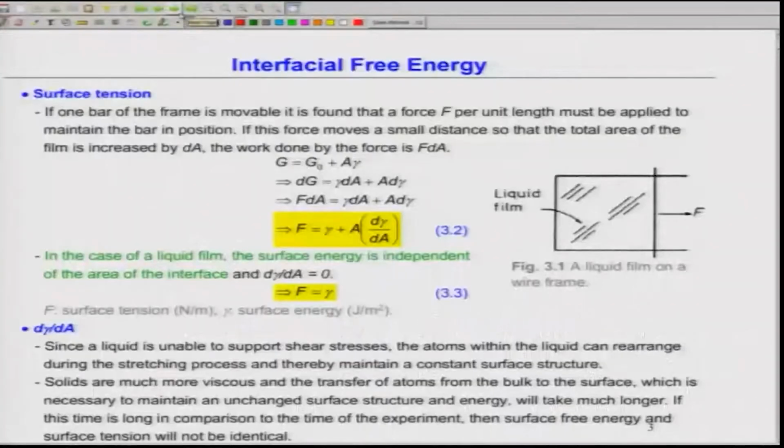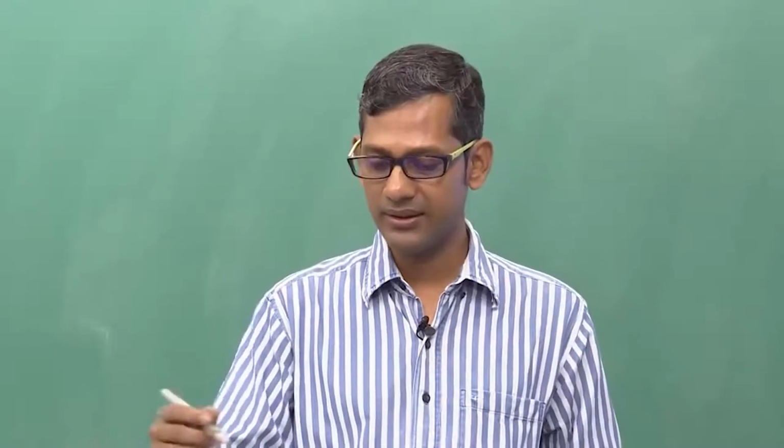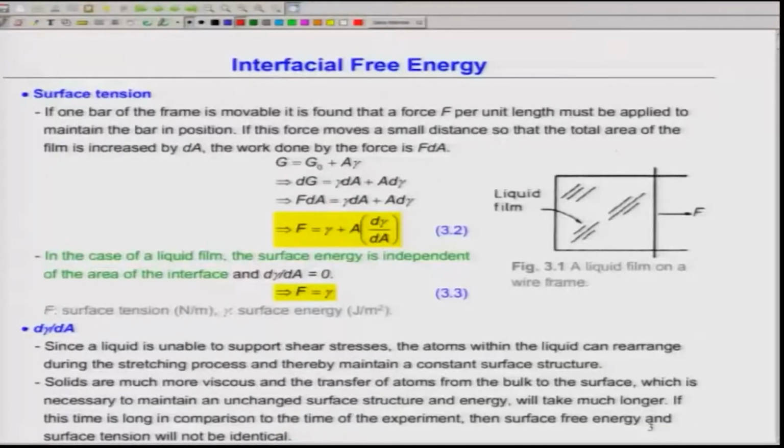So how do we actually calculate it? There is a misconception between surface tension and surface energy. Let us be clear from the beginning. Surface tension is basically valid for liquids. Now consider a frame, like the one shown on the right side, and in between the frame there is a thin film.